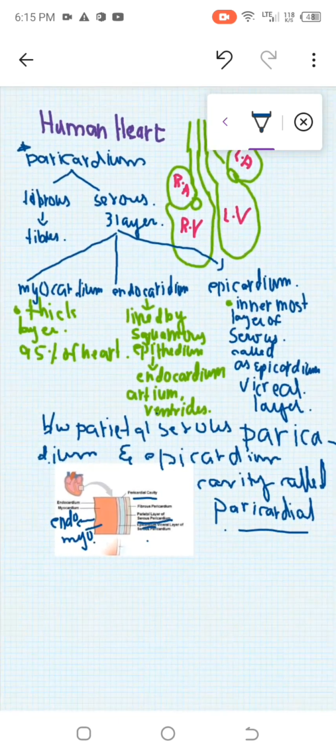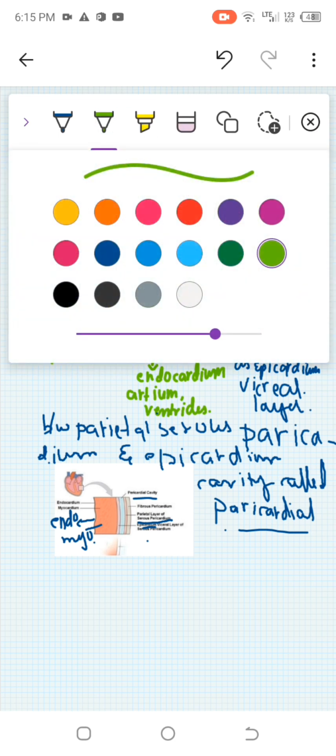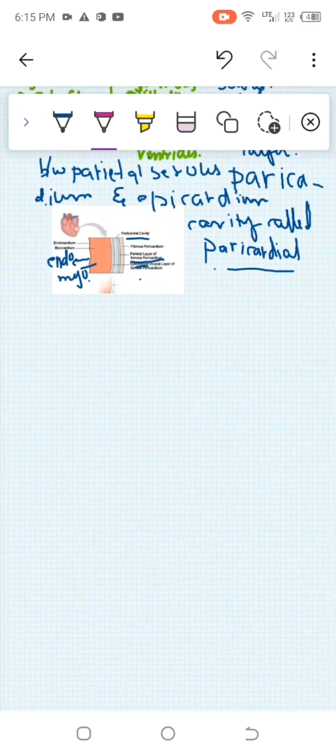Now we are going to discuss that the body cavity has two parts.